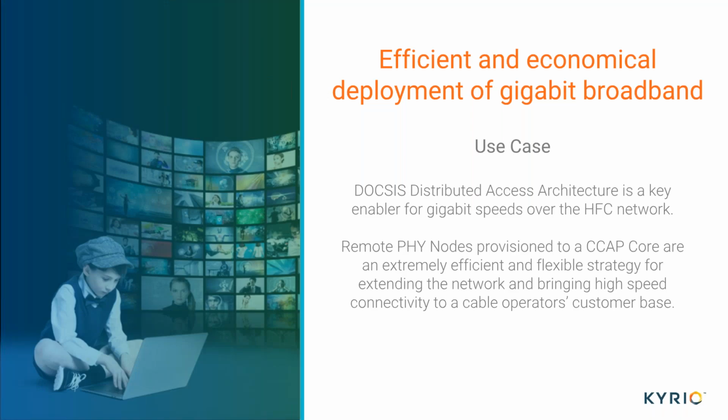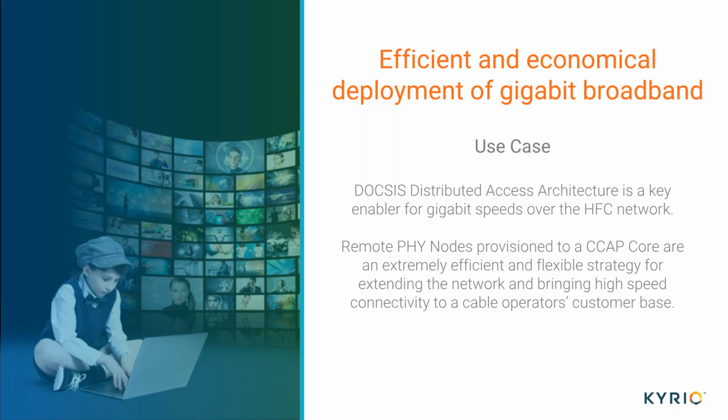So today, we're looking at an example of a system which solves the big money use case for the cable industry. As Ramon said, it's the efficient and economical delivery of gigabit broadband. Operators are finding the DOCSIS distributed access architecture is a key enabler for gigabit broadband.